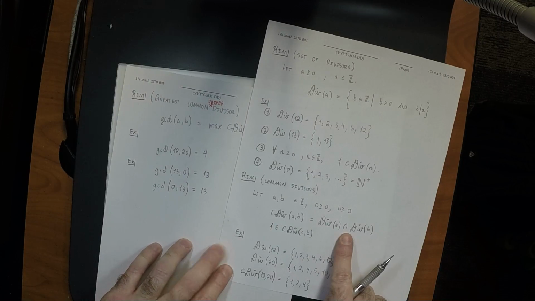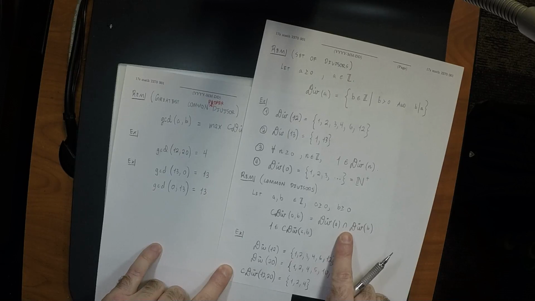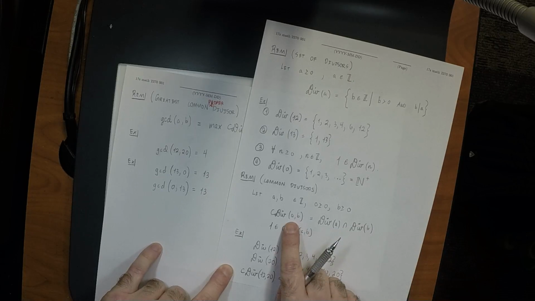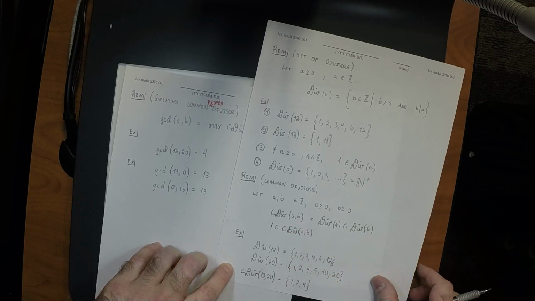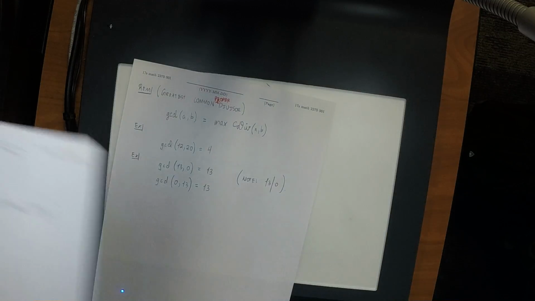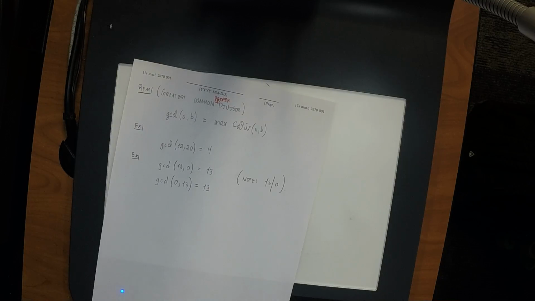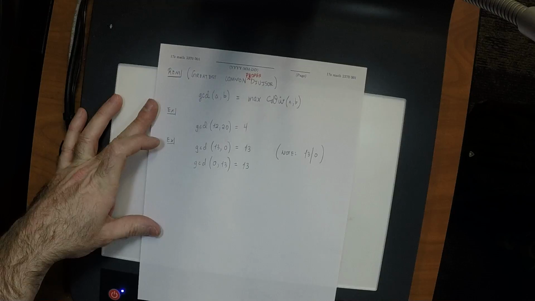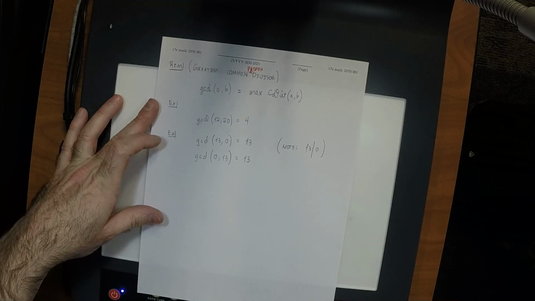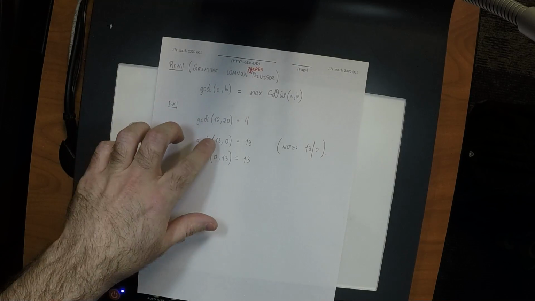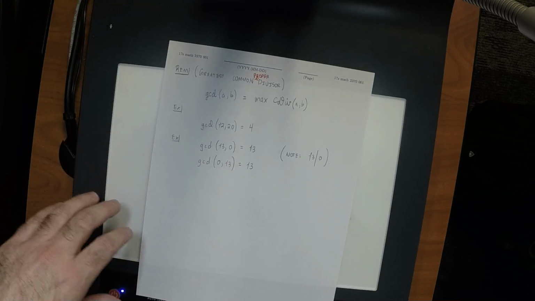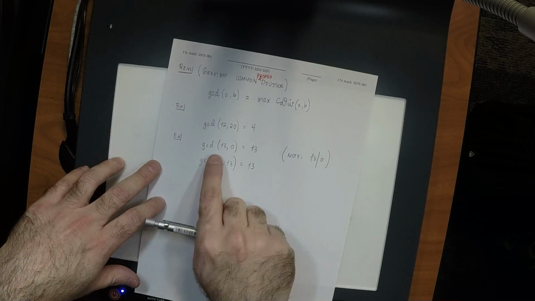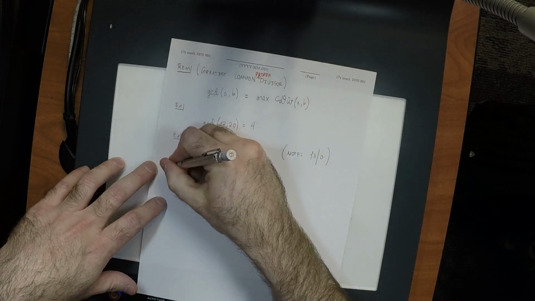Because intersection is symmetric, the common divisor function is symmetric, and as a result, the greatest common divisor function is symmetric. So now we have the greatest common divisor of any non-zero number and 0.